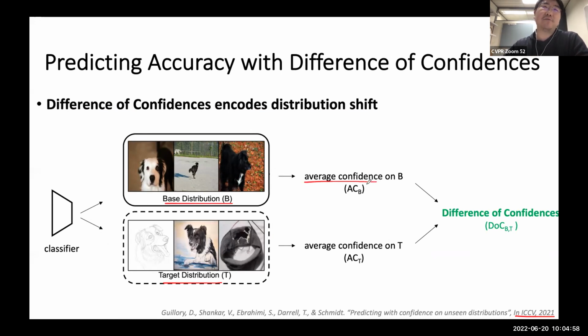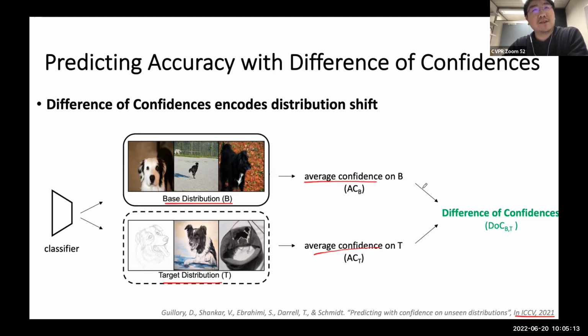So just the average of the image confidence of every image of this data set, and you have two average confidence numbers, one on the base distribution and one on the target distribution.